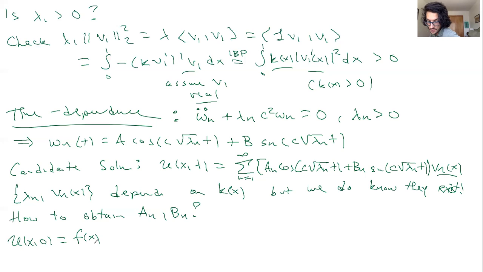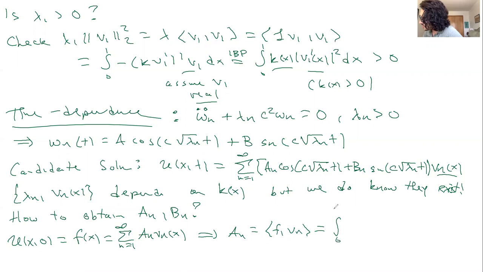As long as that's L2, we can go ahead and say this is going to be equal to the sum from n equals 1 up to infinity of an vn of x, right? I have a complete orthonormal set, no problem constructing that. In particular, an is going to be equal to the inner product of f with vn.